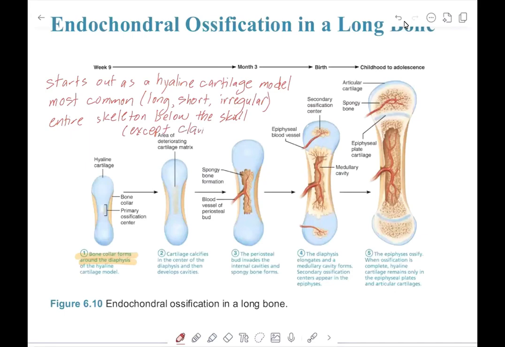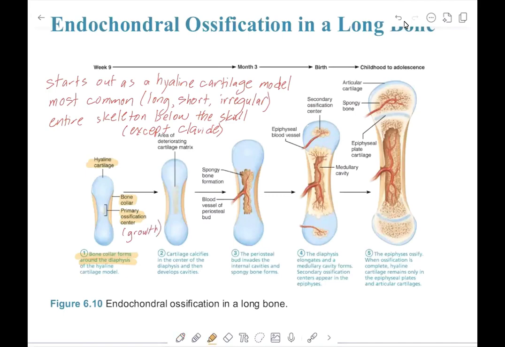So this is an interesting one because it actually has 2 ossification centers. And that's another difference between the endochondral and the intramembranous ossification. So it's hyaline cartilage. We see the bone collar forming around it, the primary ossification center, which is a growth center.